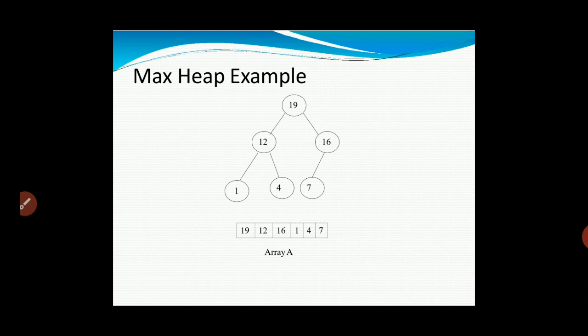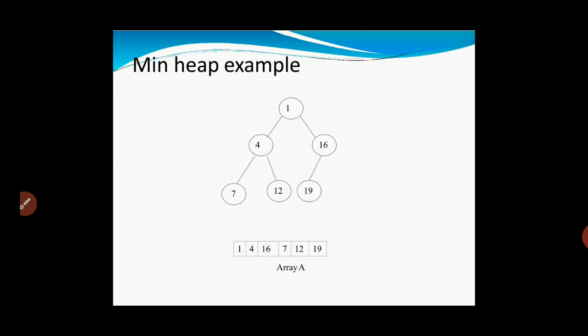The next example is the min heap. In a min heap, the root, that means the parent node, is less than the child nodes. Here 1 has two children, 4 and 16. That means 1 is less than 4 and 16, and when 4 is a parent, its children, 7 and 12, are greater than 4.